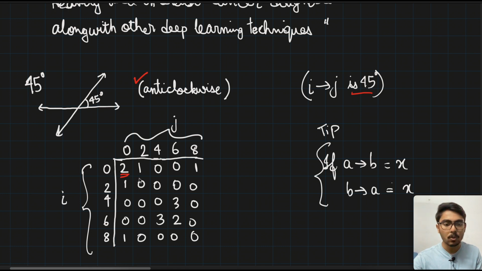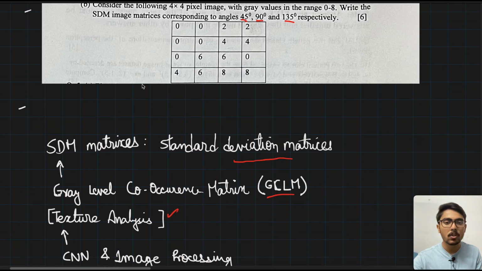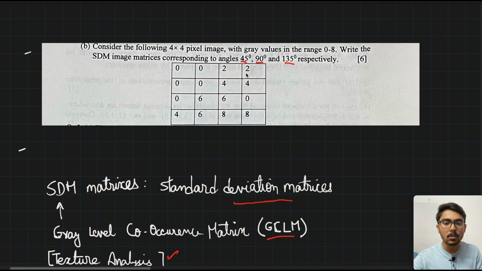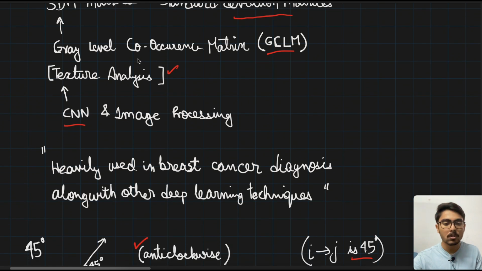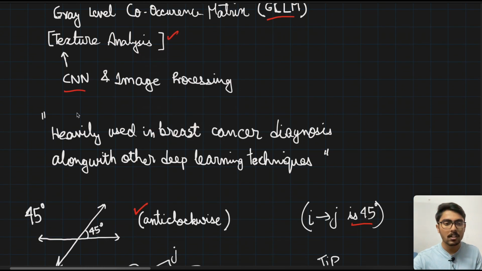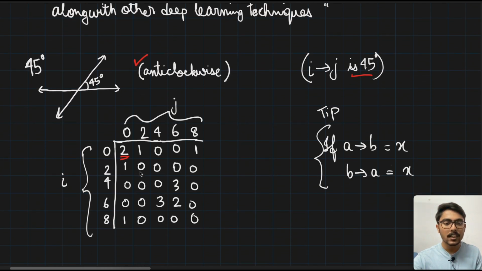Similarly, if we check for 2 and 2, we go above and see that 2 and 2 are only present horizontally. There is no angle between them, the angle between them is actually 0, and 45 is absolutely not there. So we will write 0 here. Similarly, with 4 and 4, we will have 0 again.